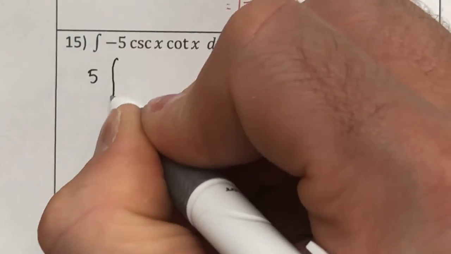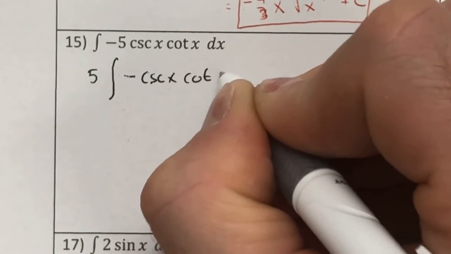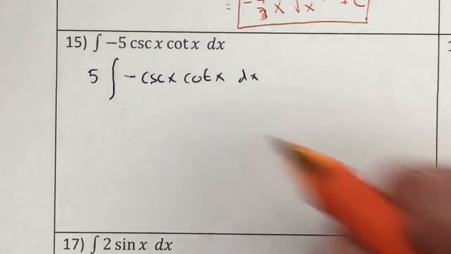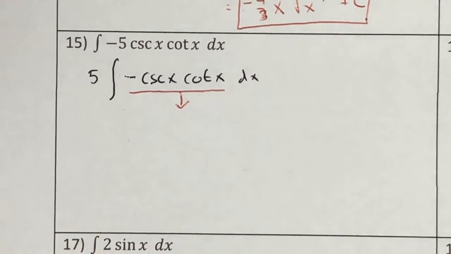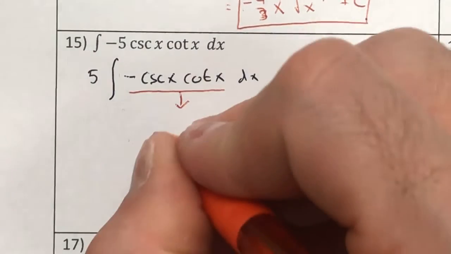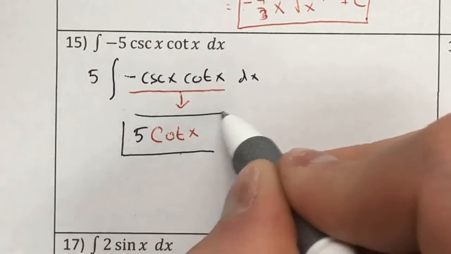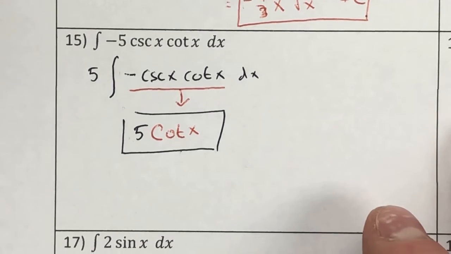So the 5 comes out, and I leave behind the negative cosecant cotangent dx, which we know the integral, or the antiderivative, is going to be that cotangent. So I have the cotangent of x, and then that 5 just kind of hangs out there. It doesn't go anywhere. And that's it. Easy enough. Trig looks like it could be harder, but really it's not.